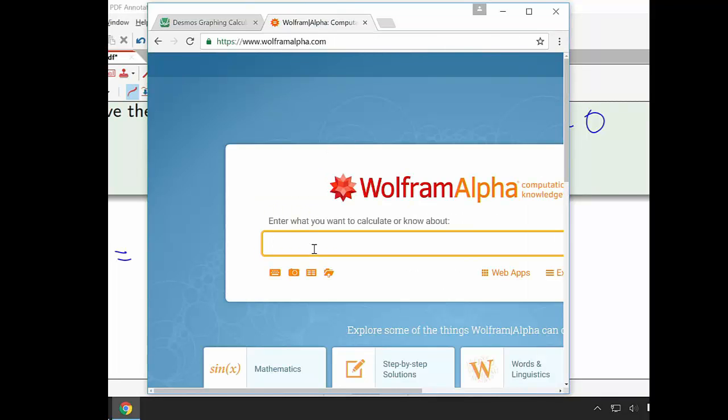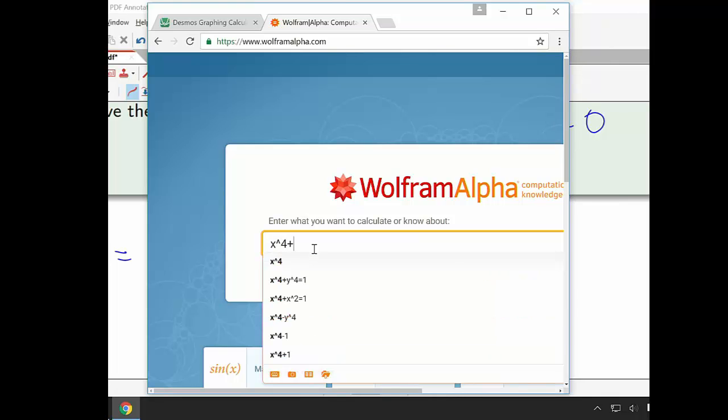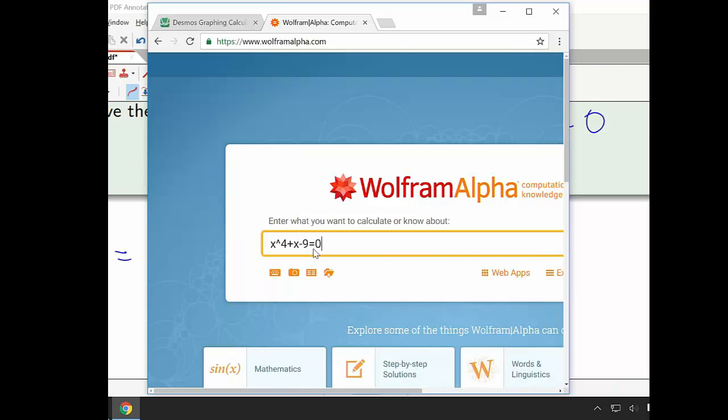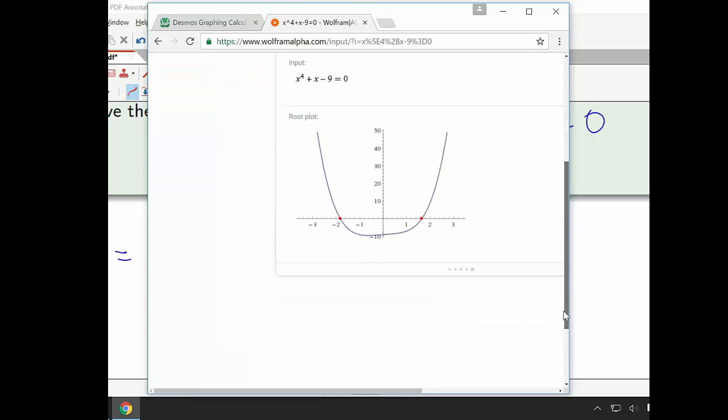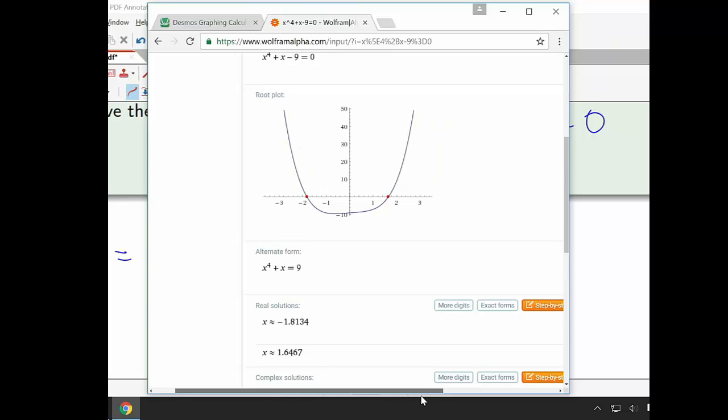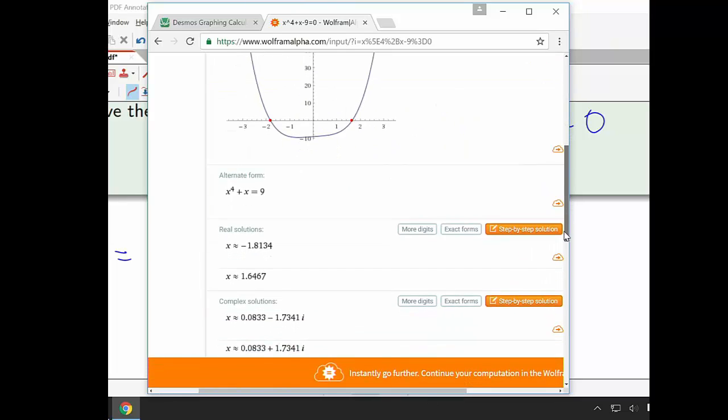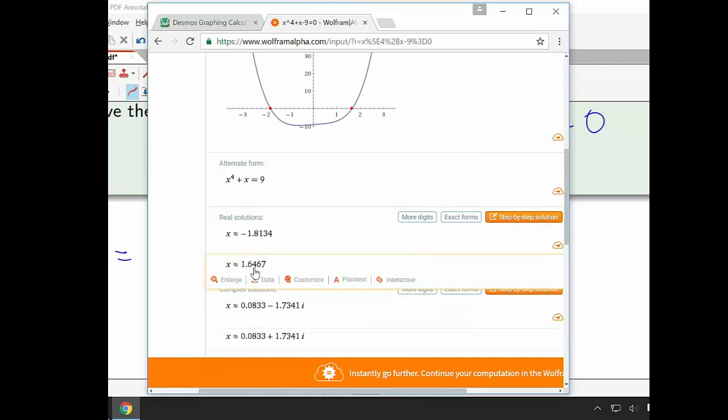Right, so let us just solve the equation x to the 4 plus x minus 9 is 0. So that's the point we are looking at. So it is approximately 1.6467.